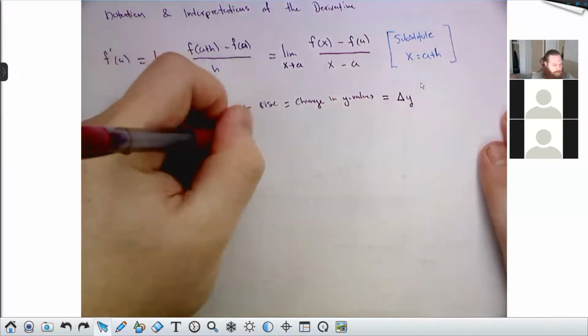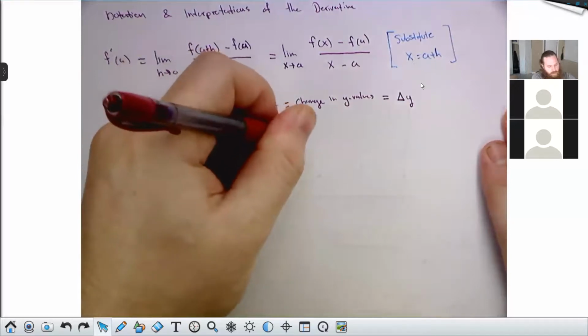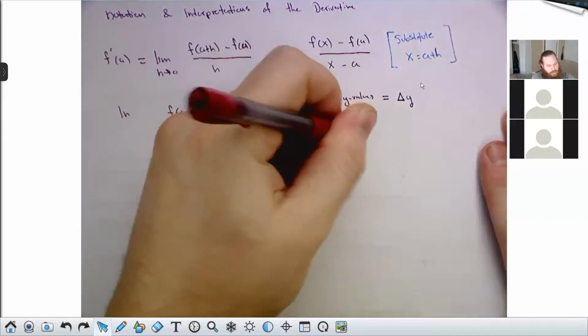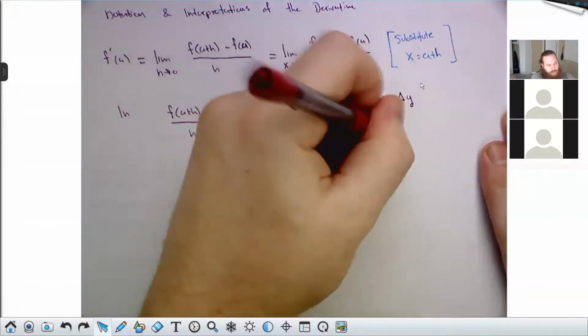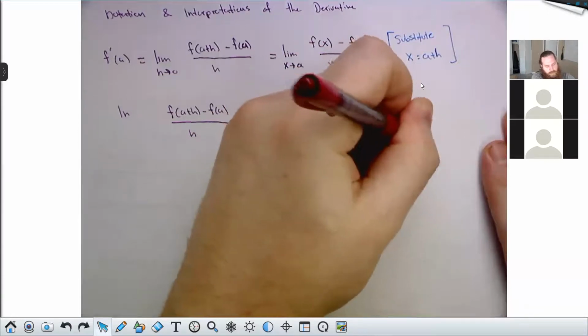And the bottom is a run or a change in x values. And similarly, we'll write that sometimes as a delta x.